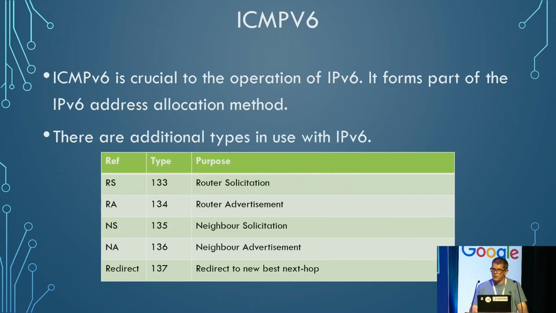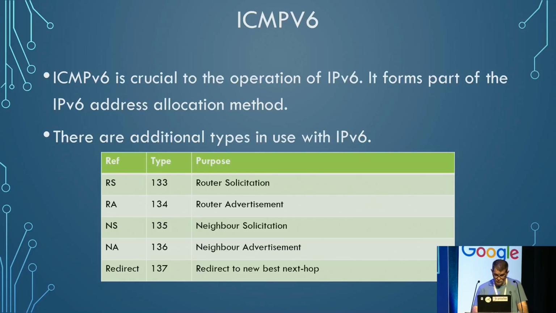ICMP is probably the most crucial protocol that's used within IPv6 for control. It's not just a handy tool for checking if another host is reachable. It forms part of the process for obtaining a network address, as well as other things like automatic path MTU discovery. ICMPv6 extends the ICMPv4 protocol with a few new essential types.